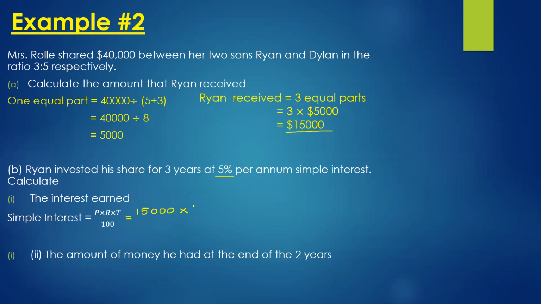The rate, not 3. The rate is what? 5%. Multiplied by the years is what? 3. All divided by 100. Mr. Petit, why did you put 3 years on this one, and 2 years on the previous one, and it's 3 years on B?